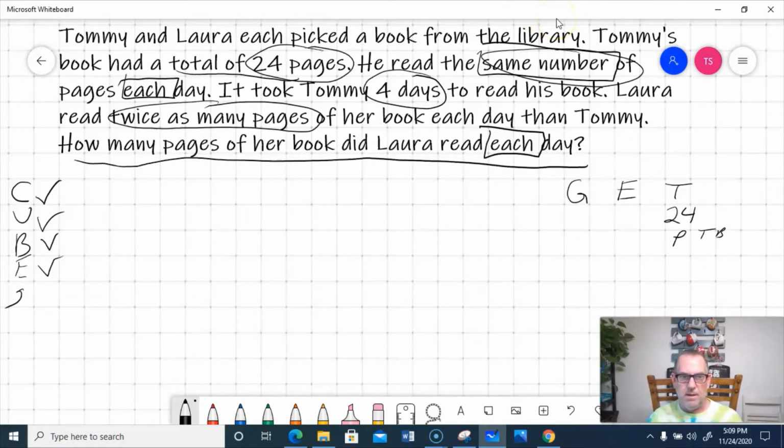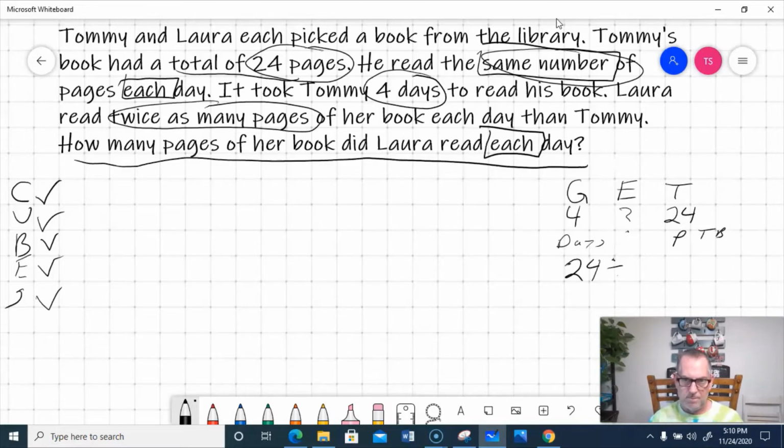So he read the same number each day. I think that's what we're trying to find out, because it took Tommy 4 days to read his book. So the groups are going to be the 4 days. The operation we're going to use to solve it would be 24, because we already know what the total is.